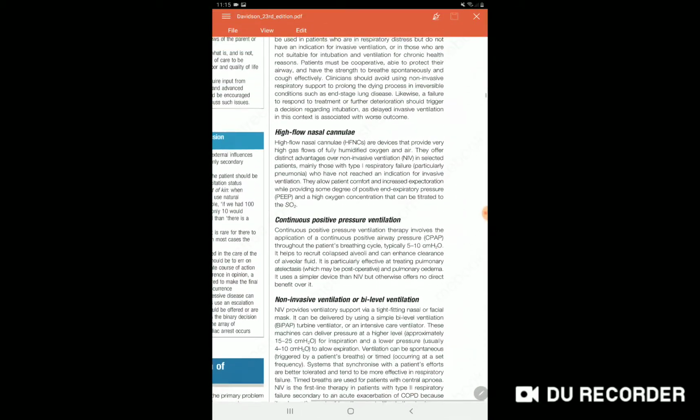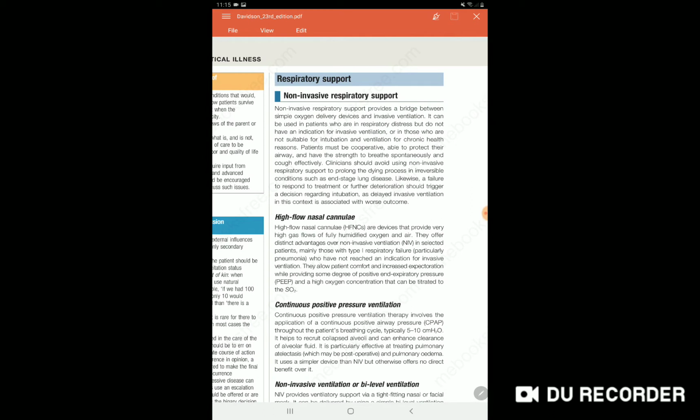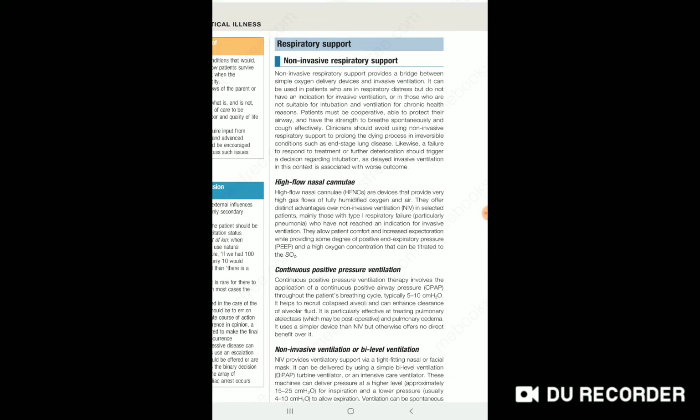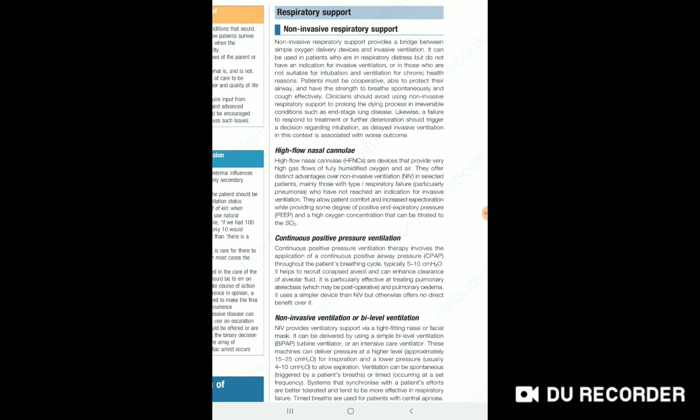So if you summarize, non-invasive ventilation must be given to a conscious patient, the patient must have an intact cough reflex, and you must take the patient's consent before doing this procedure. If needed, transfer the patient to the ICU for invasive ventilation. We can give non-invasive ventilation by high flow nasal cannula and also continuous positive airway pressure.